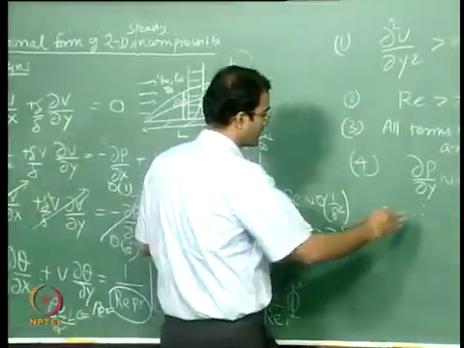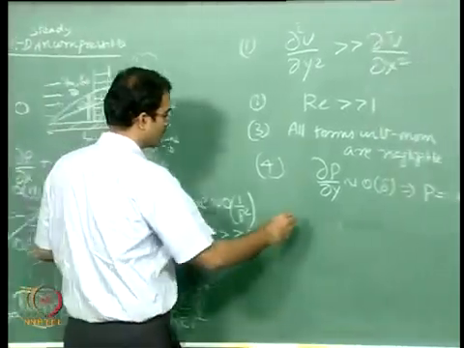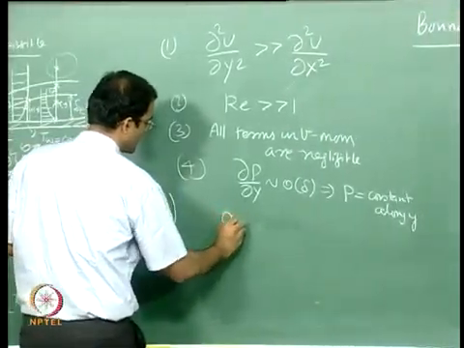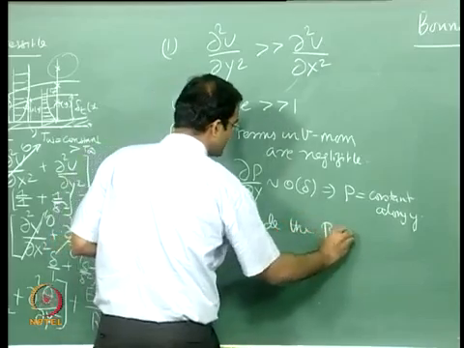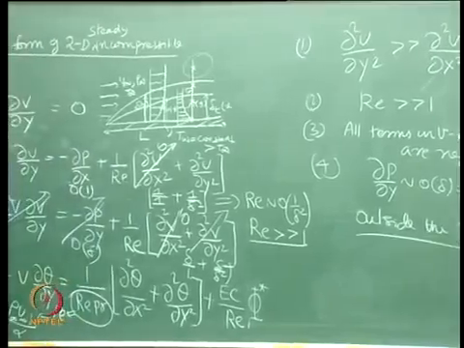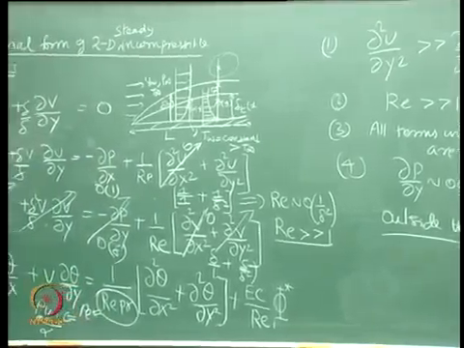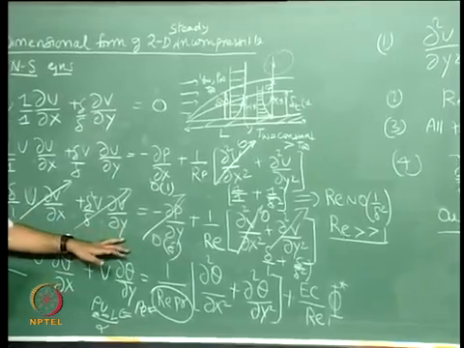So if you apply the Navier-Stokes equation outside the boundary layer, what will it be? If you look at the momentum equation, do you have any v momentum equation outside?